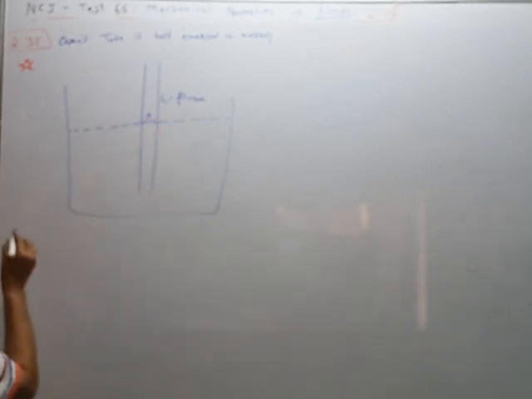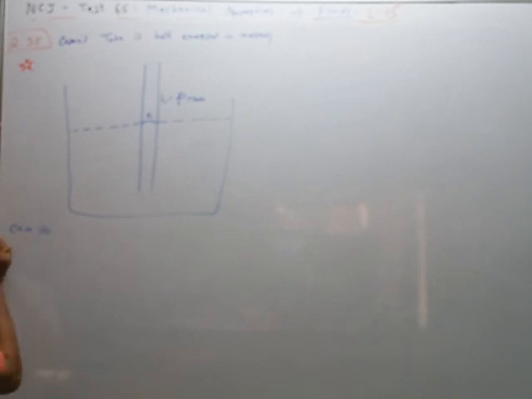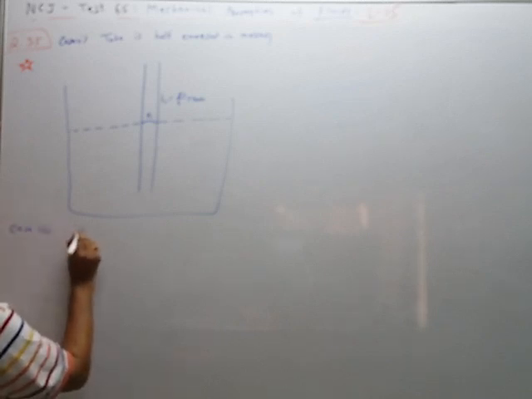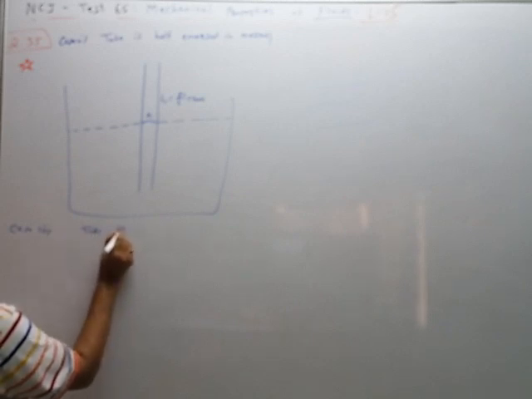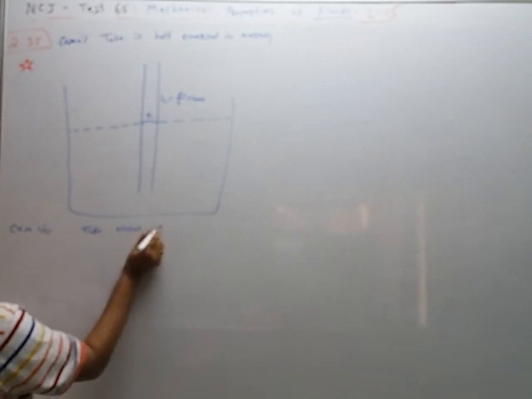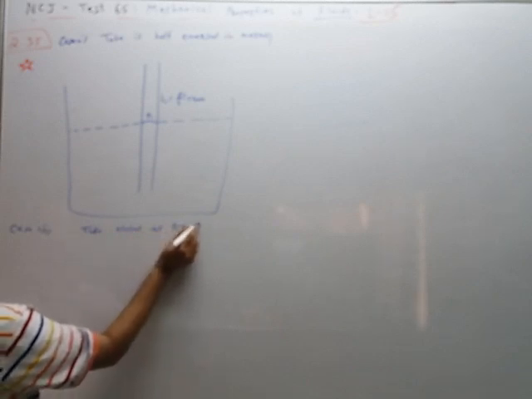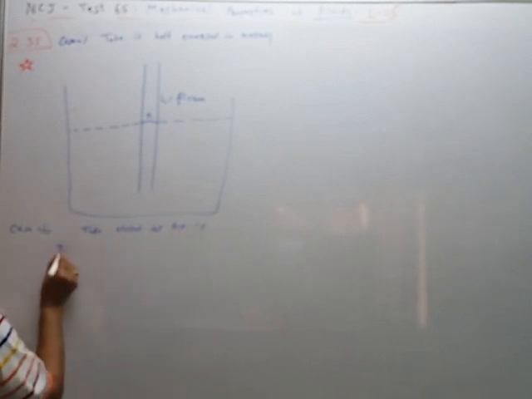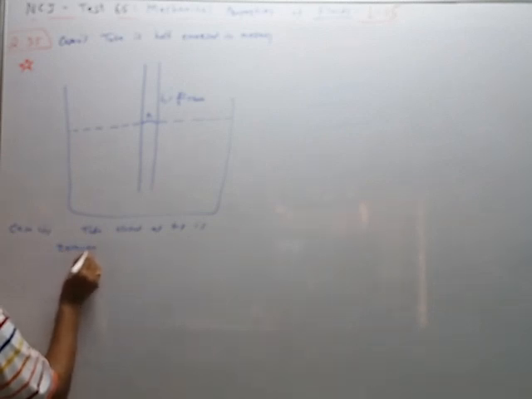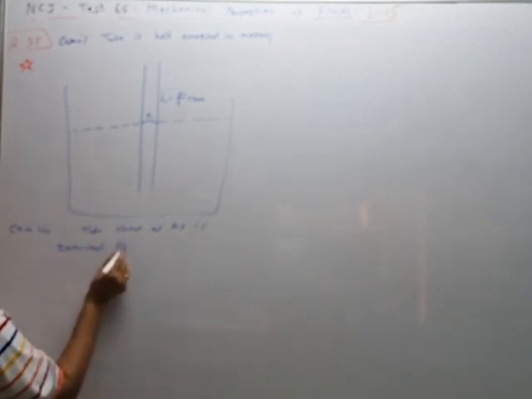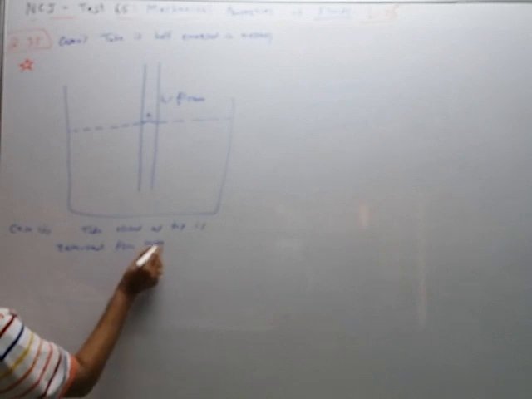Second case. Case 2. Tube closed at top is removed from the mercury bath.